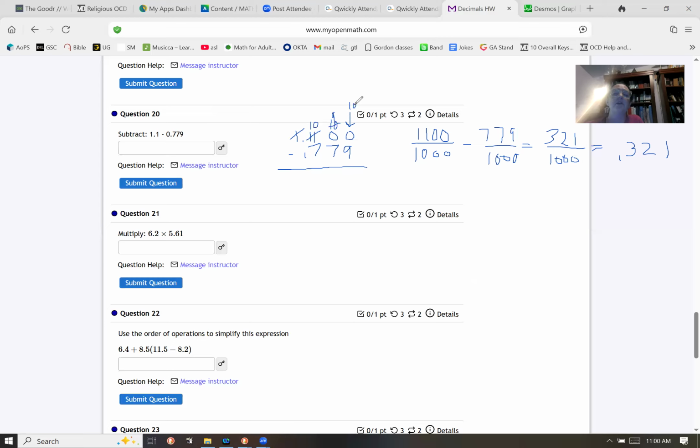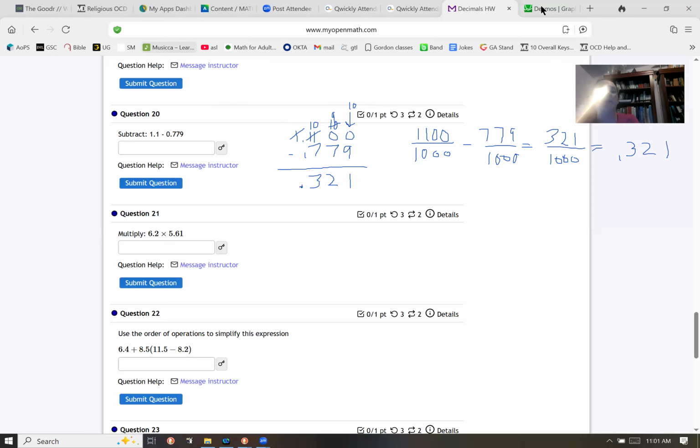So now we can do our subtraction. 10 thousandths minus 9 thousandths is 1 thousandth. 9 hundredths minus 7 hundredths is 2 hundredths. 10 tenths minus 7 tenths is 3 tenths. And we completely traded off our whole number. So we get 0.321.